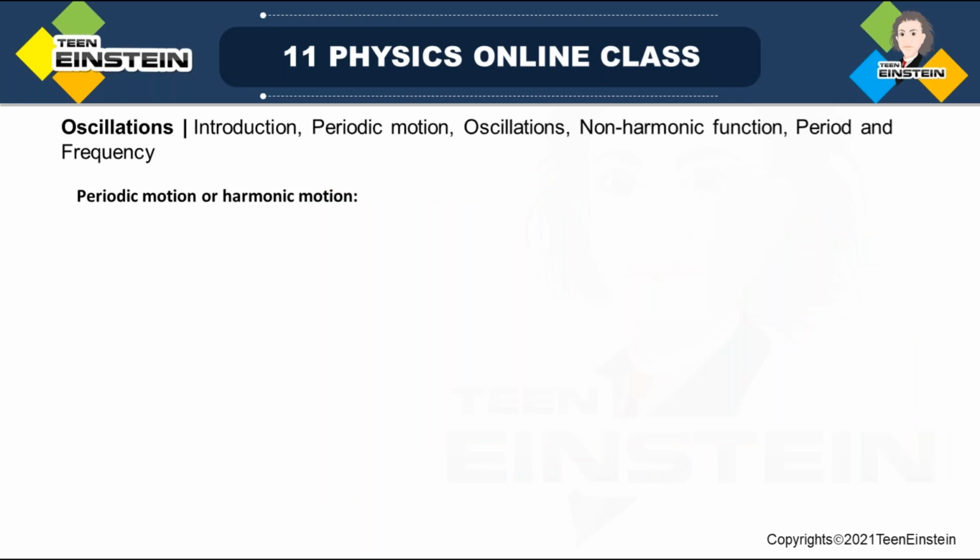Now we'll define what a periodic motion is. We have somewhat defined it already, but still we'll formally define it.